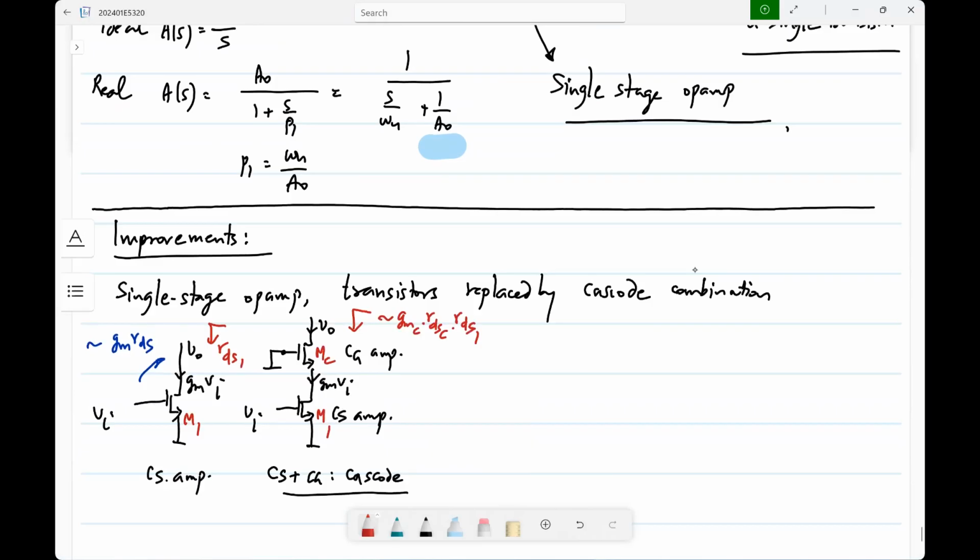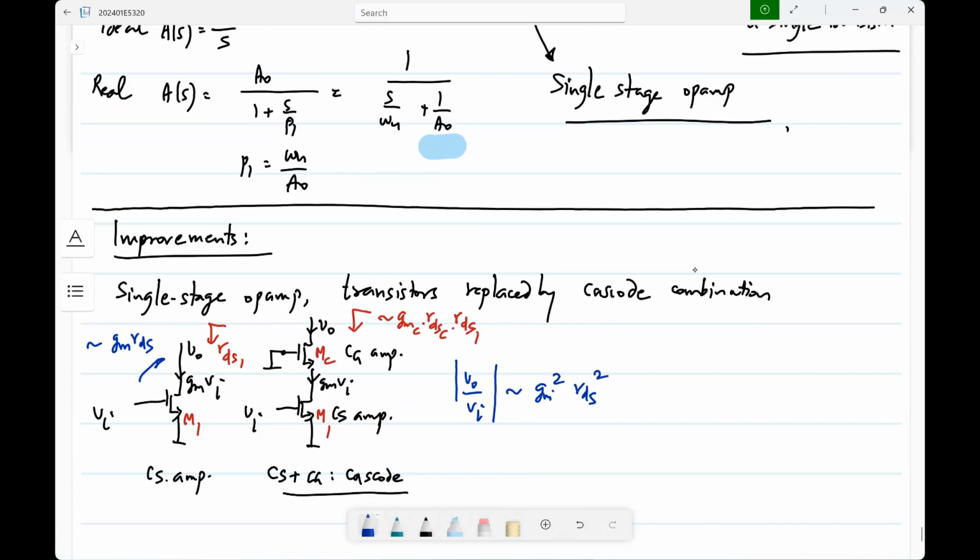So now the gain is of the order of gm squared rds squared. So this can be done.